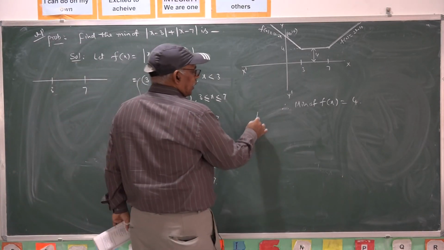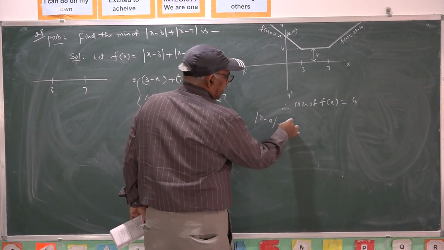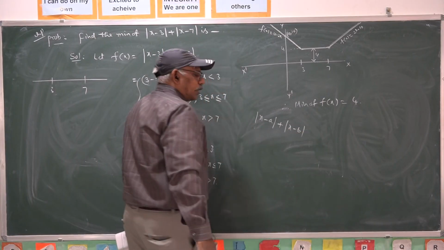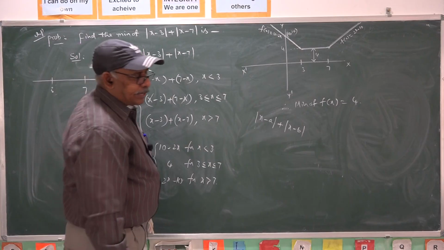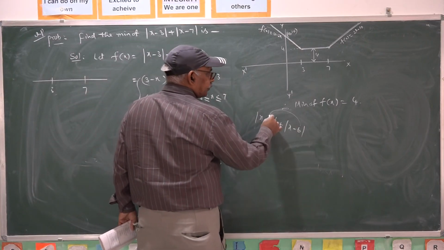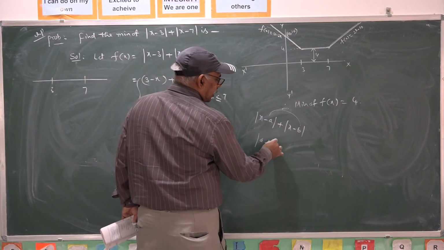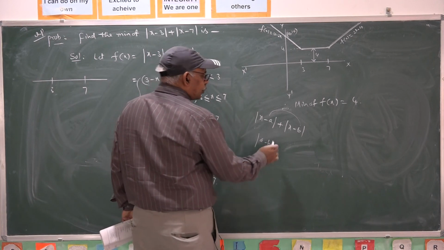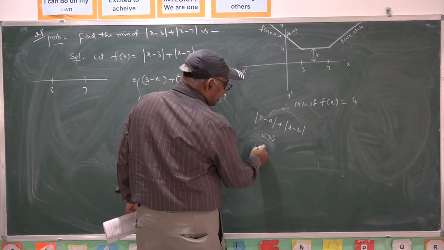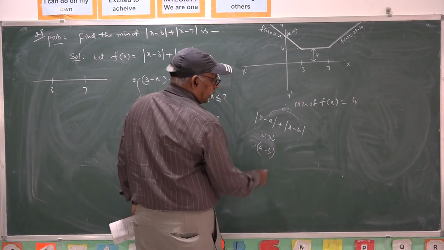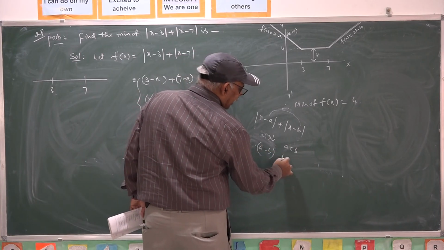For example, if the minimum of mod x minus a plus mod x minus b is needed, take the difference of these two. The difference means mod a minus b. Otherwise, observe which is greater. Suppose a is greater than b, you get minimum a minus b. Suppose a is less than b, you get minimum b minus a.